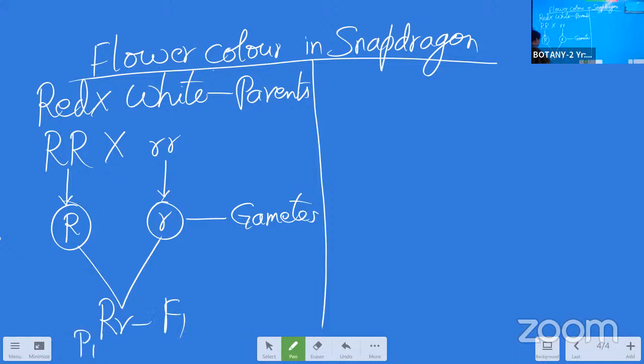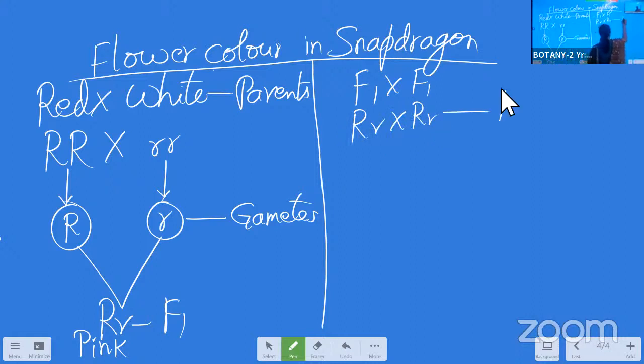In this, the intermediate color is going to occur, that is the pink color. After this, once we do the selfing of the F1 plants, what will we get? Capital R, small r crossed with capital R, small r. These are the parents too. Now we need to draw a Punnett square.